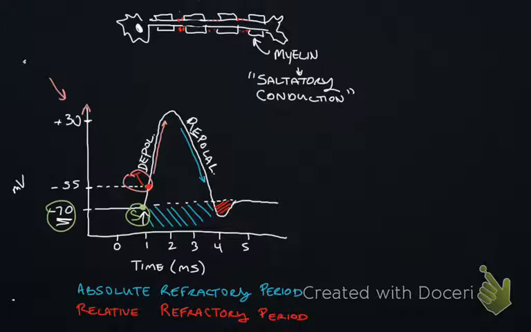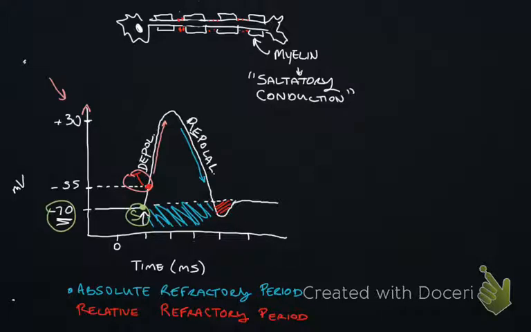And during this time, it's called absolute refractory period. And make sure that you know these two words. Absolute refractory period is where you are physiologically incapable of firing another action potential. Okay, and I wrote my numbers here a little off.